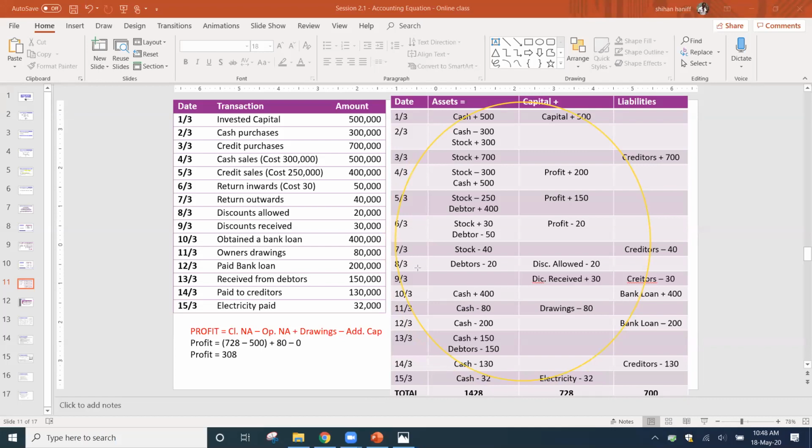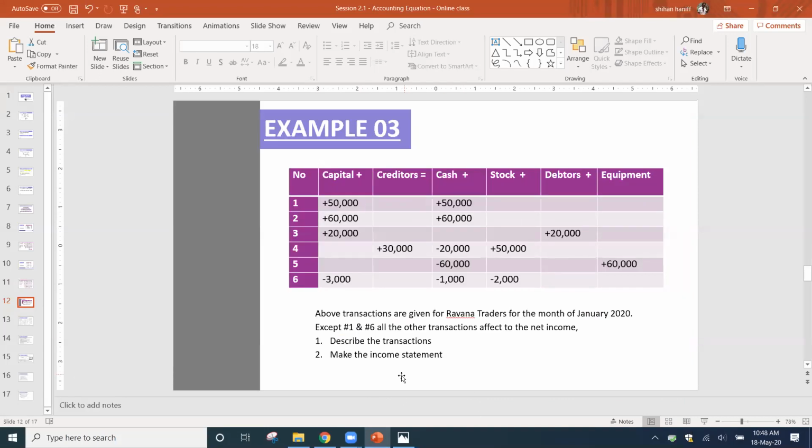If the equation is given, you need to identify the transaction. How do you do that? That we will do from another example. Then we can move on to the next one. Right. Example 3.